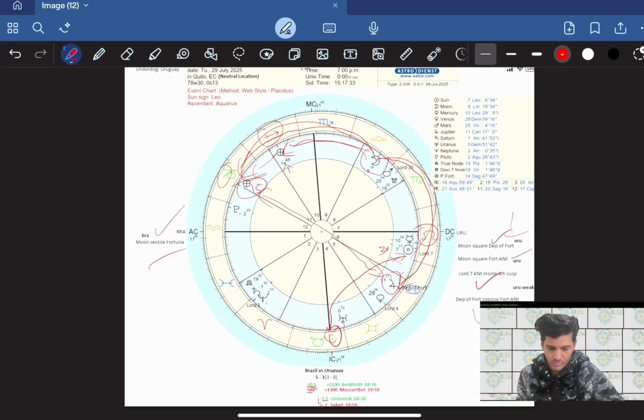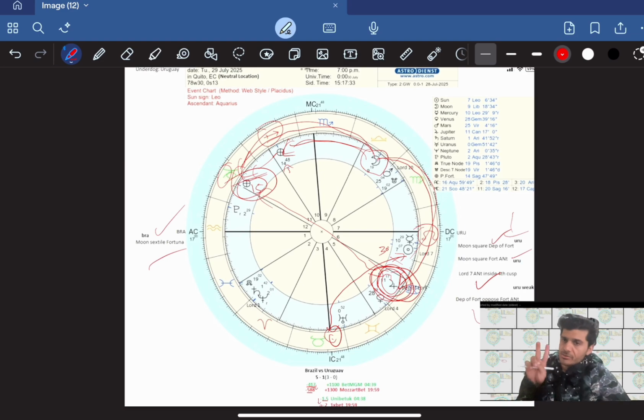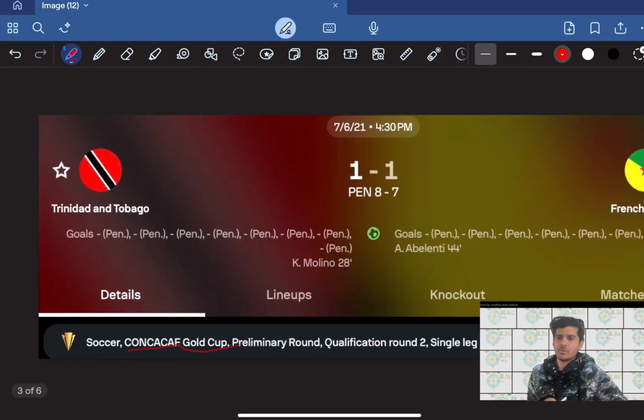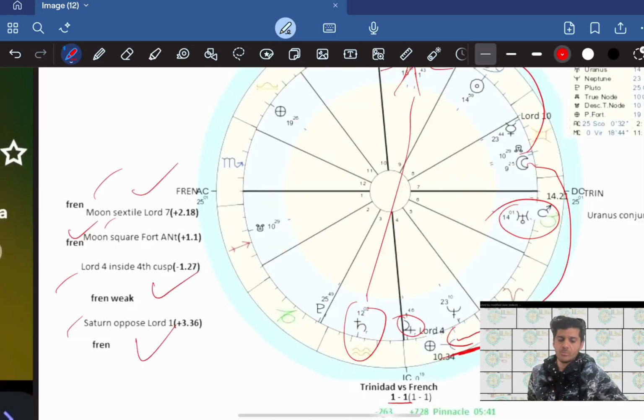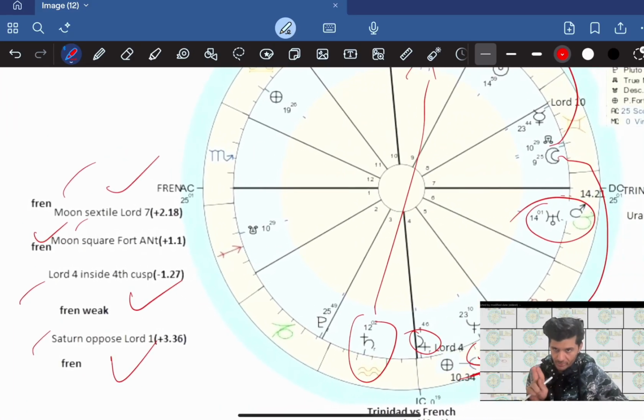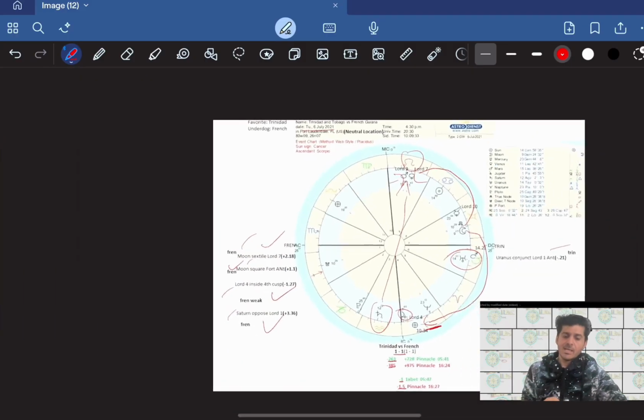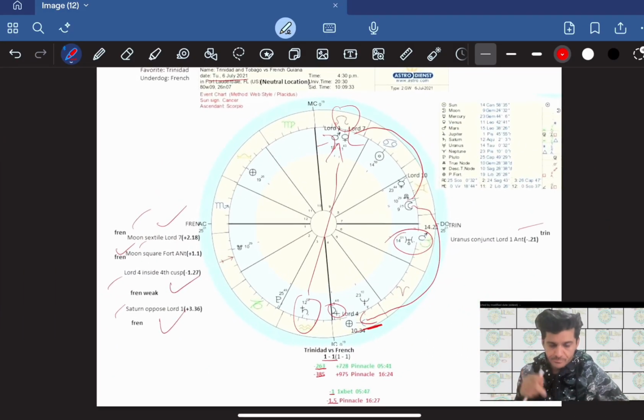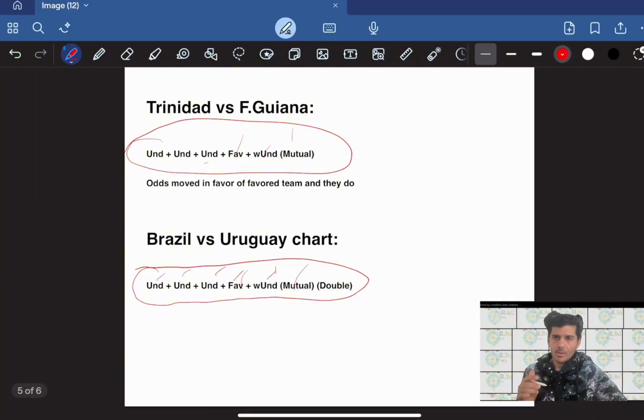Look, the moon made a square to the shadow of the Part of Fortune, and a square to the dispositor of Fortuna. So the moon is making 2 squares as opposed to the other chart, where the moon is not making two identical aspects, right? And so I observed this and concluded that these two were different, all right?